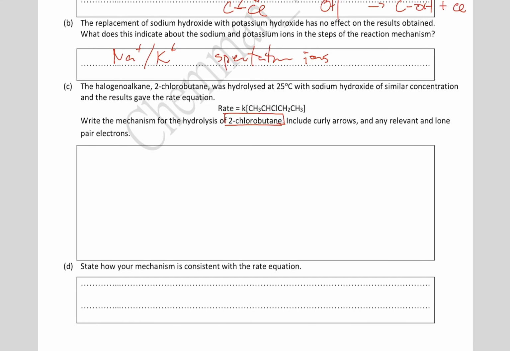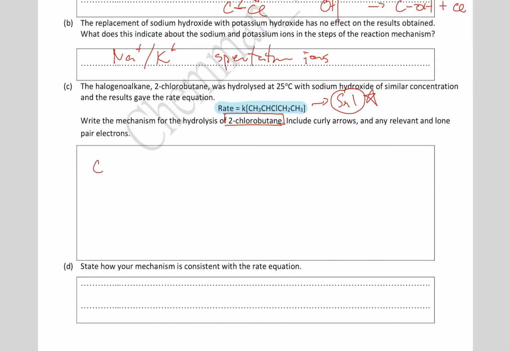Therefore, in the question, they actually told you some more hints. This time, with 2-chlorobutane, the mechanism is only first order. So if it is only first order, here is a hint, they will undergo SN1 mechanism. That's what we can identify from the question. That's an important hint.